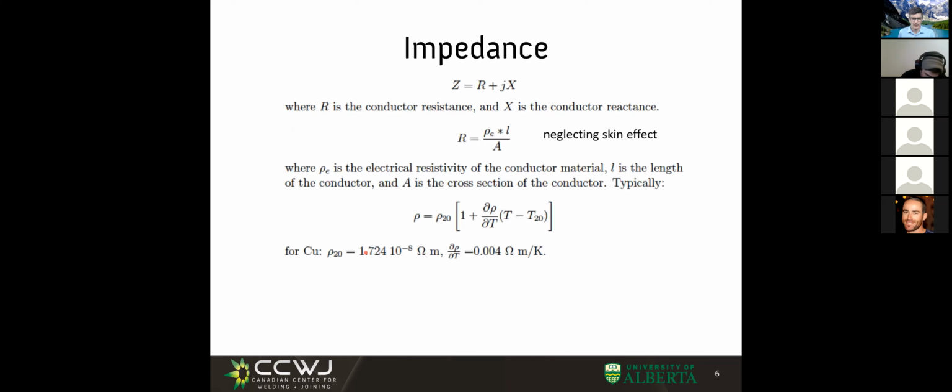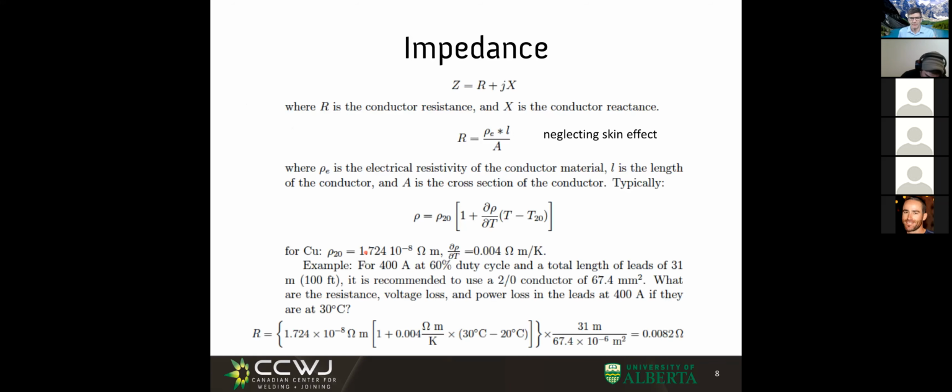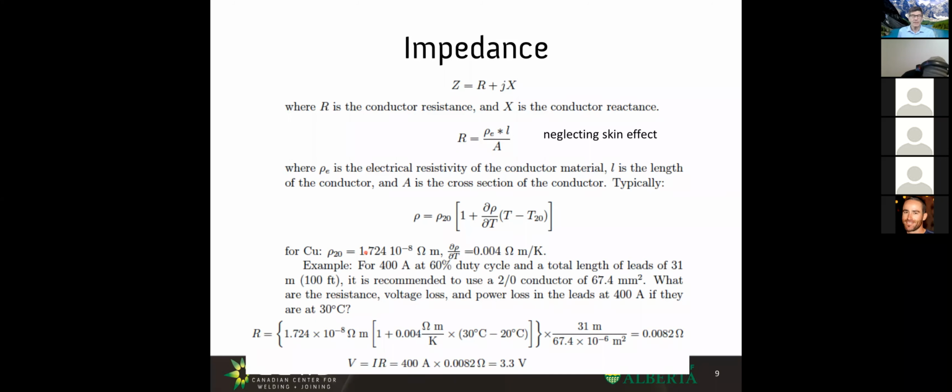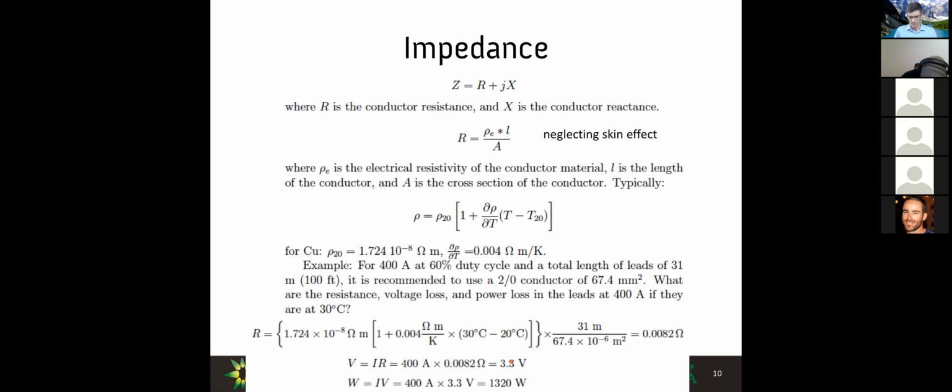And the consequence is that we can have some voltage loss due to resistance, which can be significant. For example, in one numerical example we worked out, we saw that was 3.3 volts, which is high, and was equivalent to 1.3 kilowatts dissipated into the air.